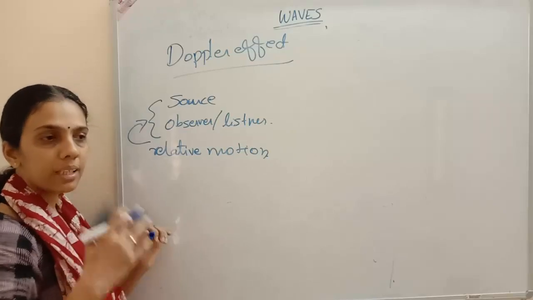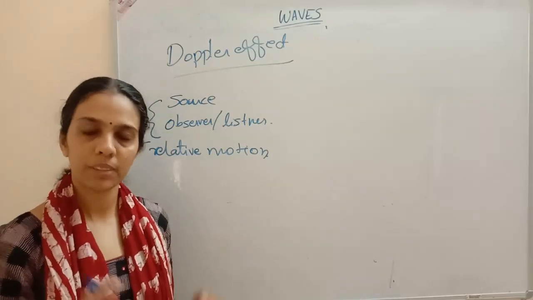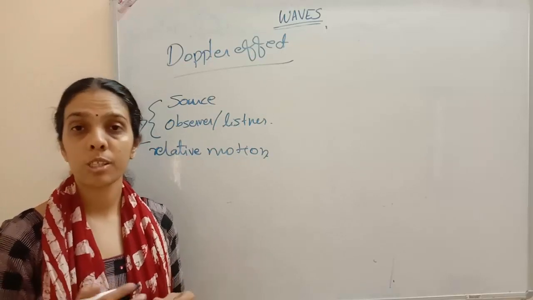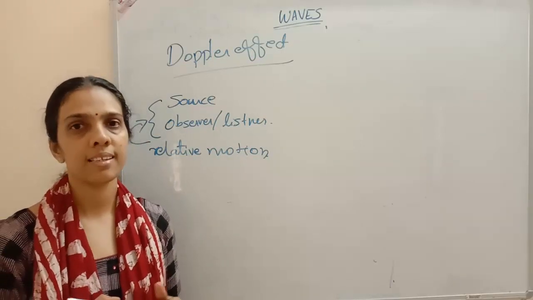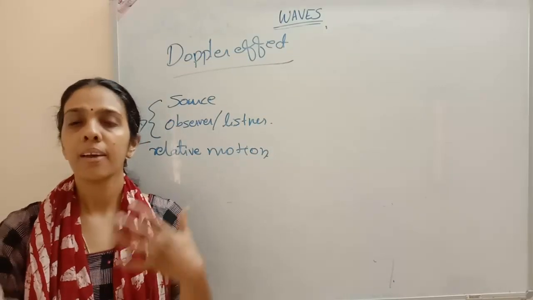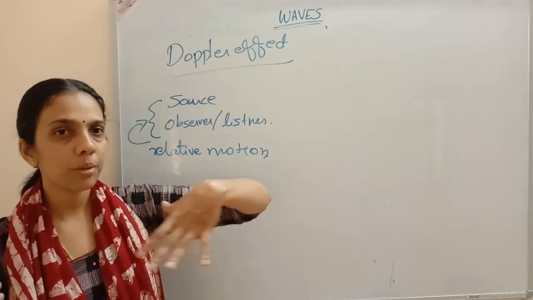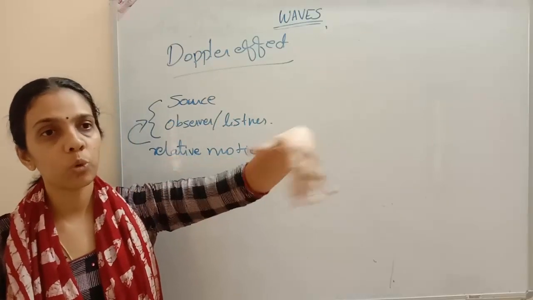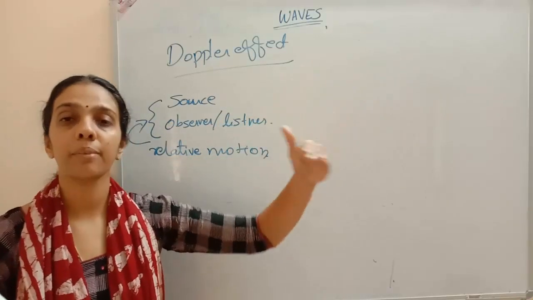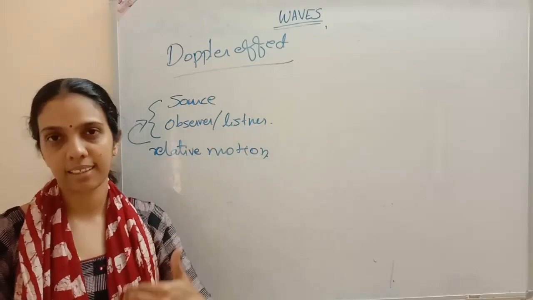Okay, so suppose some announcement is going on. We are here in the class. When the announcement is near to our class, we can hear it very clearly. When the announcement is moving, that is, passing by, the frequency will be decreasing, isn't it?